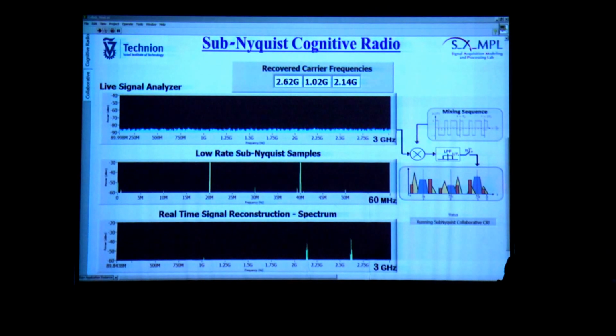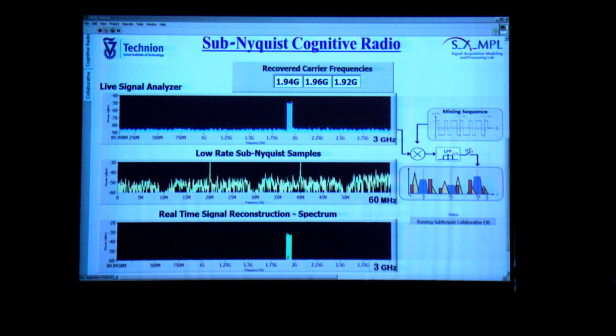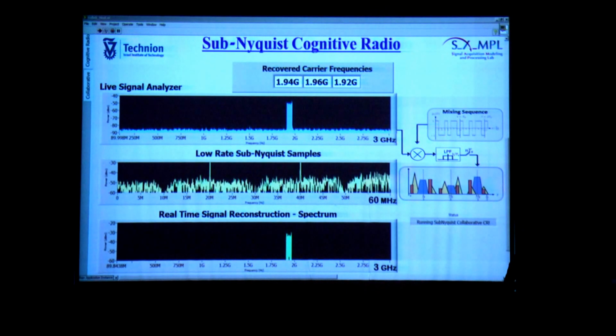In our next scenario, we're going to show you it doesn't even matter what the position of the carriers is. They can be spread across the entire spectrum or stacked together, one beside each other. So in this case, we have 3 different inputs, 3 different carriers. Those are their frequencies. We fully detect the frequencies out of these samples, just 60 megahertz per channel, and fully reconstruct them at the bottom.